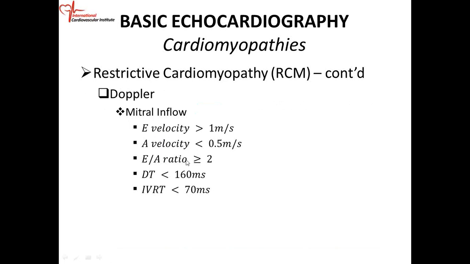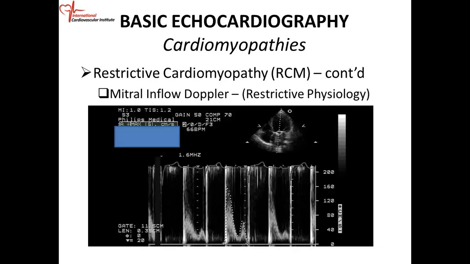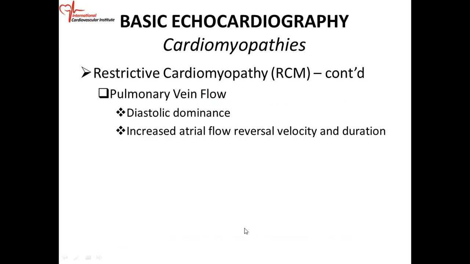The deceleration time in a lot of these patients is less than 160, IVRT less than 70. So when you have restrictive physiology, your deceleration time is going to be short, IVRT is going to be short, and your E to A ratio is greater than or equal to 2. So you may see something looking like that. Very big E and a small A, restrictive physiology.